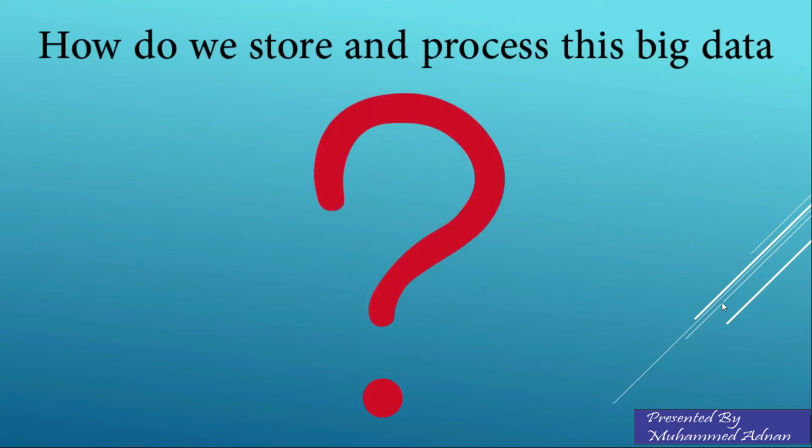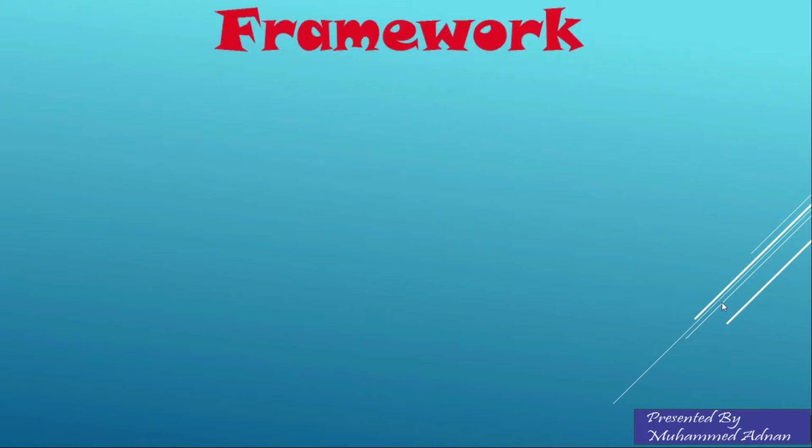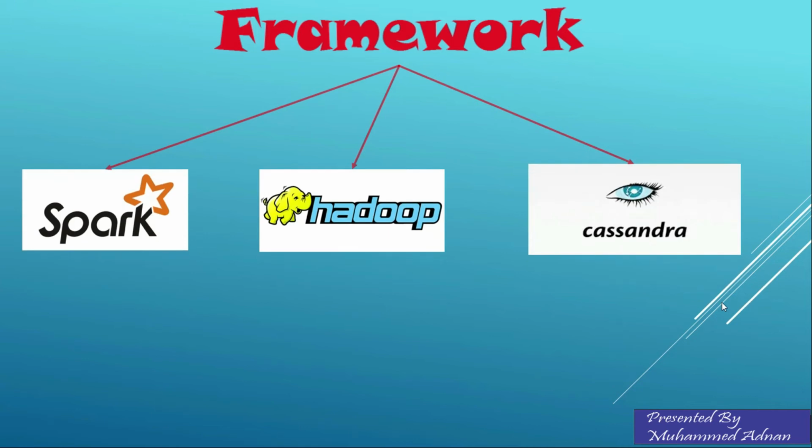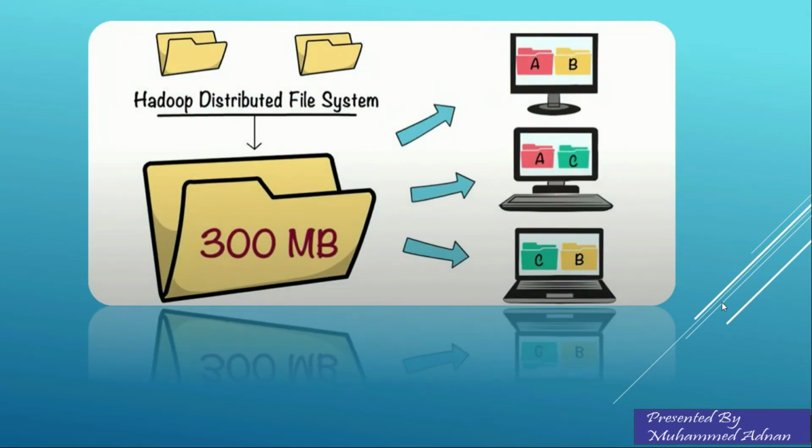Now, how do we store and process this big data? To do this job, we have various frameworks such as Cassandra, Hadoop, and Spark. Let's take Hadoop as an example and see how Hadoop stores and processes big data. Hadoop uses a distributed file system known as Hadoop Distributed File System to store big data.